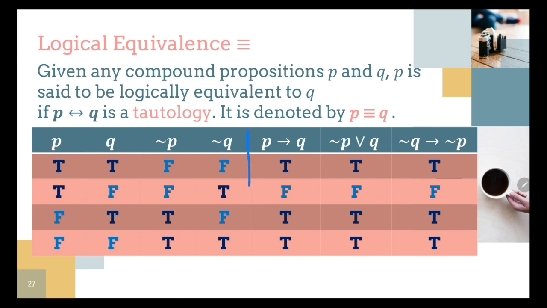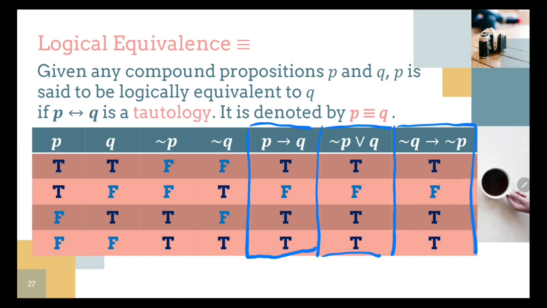If you notice, we have here the biconditional P then Q. We also have another here, not P or Q, and here, if not Q, then not P. They are three different compound propositions, but their truth values are identical. True, false, true, true, true, false, true, true, true, false, true, true. Then we could say that these three are logically equivalent.